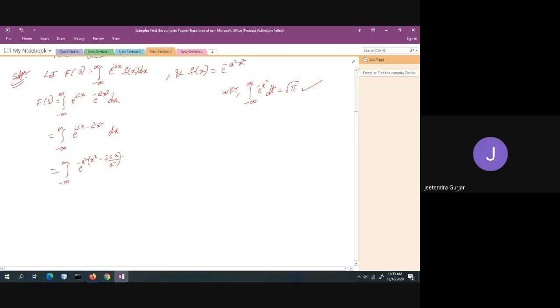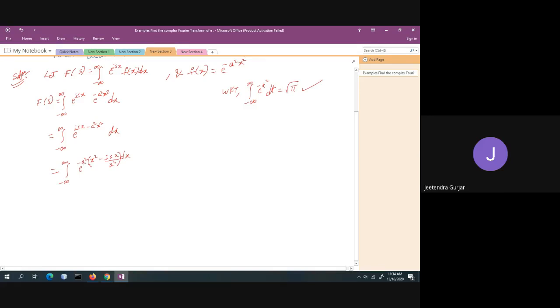Is it clear? And this is dx. Alright, students? Why? Because you can see here clearly, a square I have taken outside because it is a constant, and this will get divided by a square.